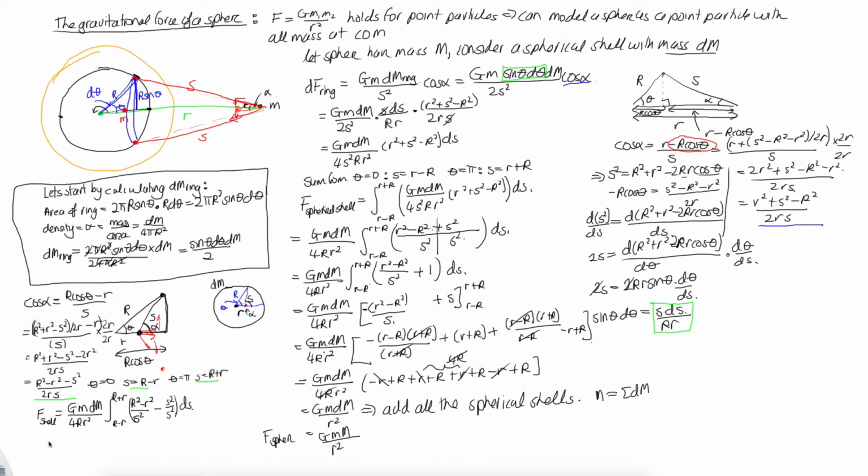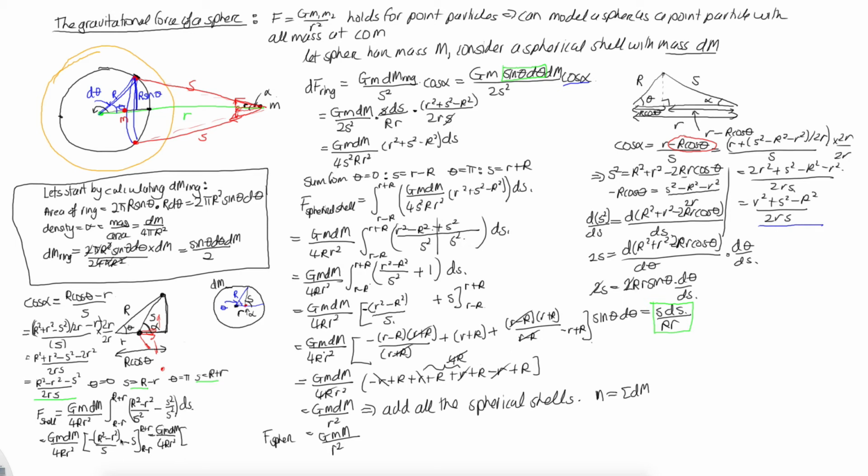ds. So now I'm going to integrate this, and I get GM dm over 4R squared, and integrating this I get minus big R squared minus little r squared, and then this was s to the minus 1, but I'm putting the s on the bottom, and this is just 1. I've got minus 1, which I'm integrating, which gives me minus s, and that's from R plus r to R minus r. And now I'm going to substitute in, so I've got GM dm over 4R squared.